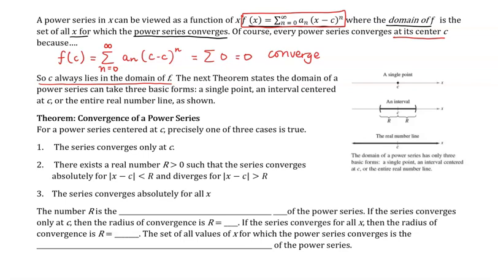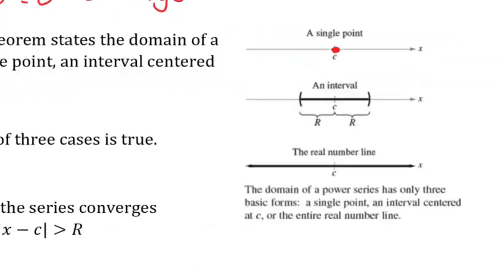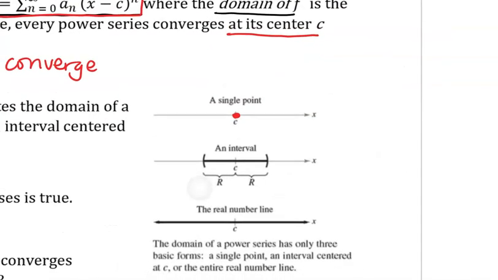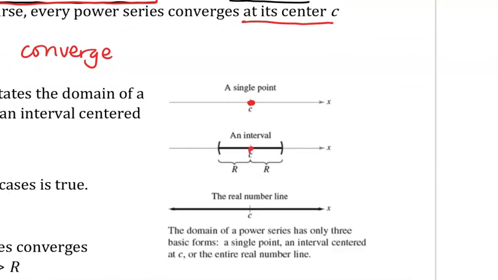The next theorem that we're going to look at shows us that the domain of a power series can have one of three forms. It can have what we just talked about: it converges at c, its center, and it only converges at c. Another option is that it could converge not just at the center c, but also in some interval around the center c.